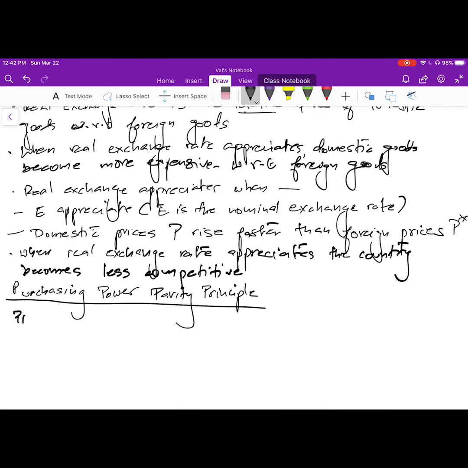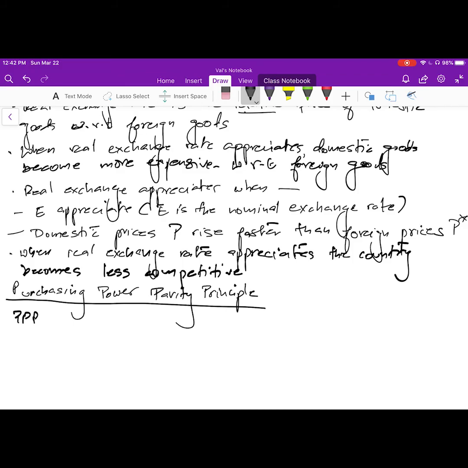PPP asserts that the rate of change in nominal exchange rate between two countries can be explained by the differences in the inflation rate between these two countries, which in other words is also known as inflation differential.